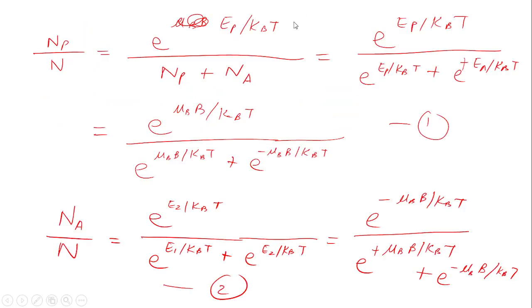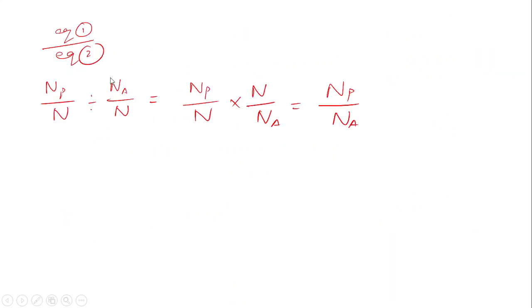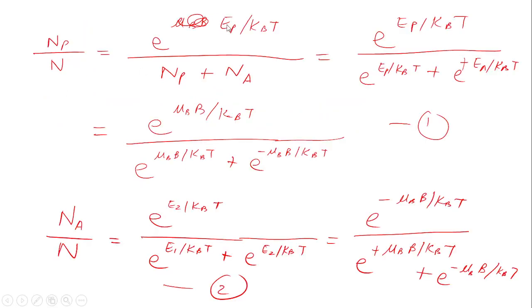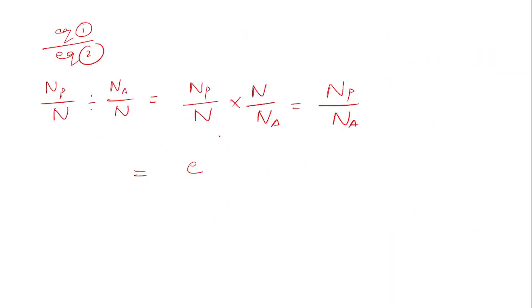Because from Boltzmann statistics we know at equilibrium we can write the ratios. Taking the ratio of these two, we get Np by Na on the left-hand side, and the right-hand side becomes this divided by this: e to the power μB by kBT divided by e to the power minus μB by kBT.